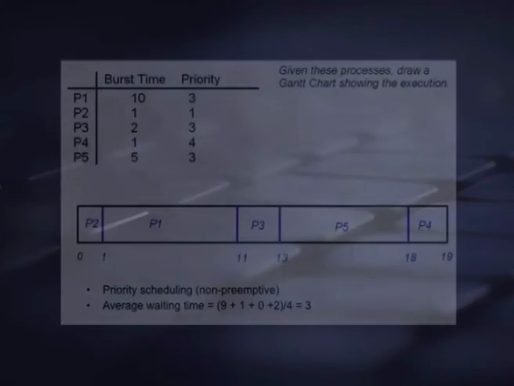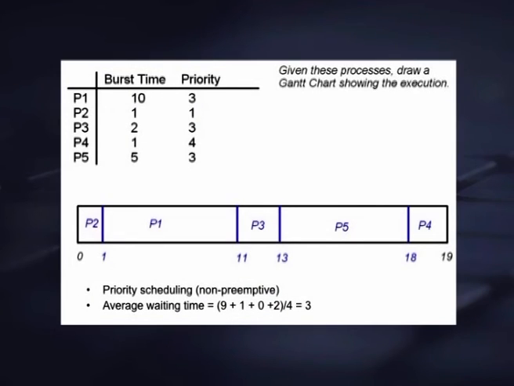In the case of the non-preemptive scheduling algorithm, the currently running process is not preempted and the recently arrived process will wait in the ready queue till the CPU becomes free. In this figure, there are 5 processes with their priorities. The Gantt chart of these processes has been shown using the non-preemptive priority scheduling algorithm.